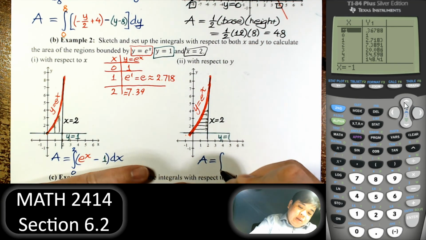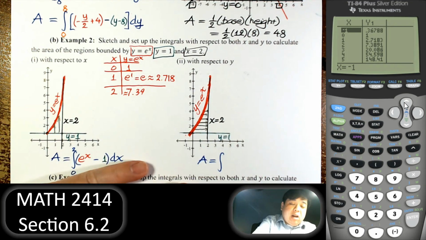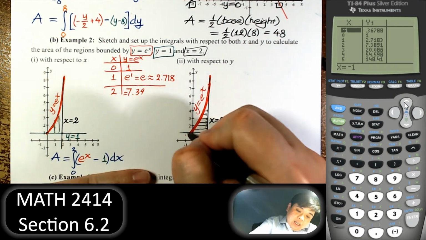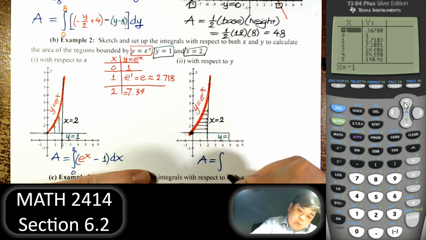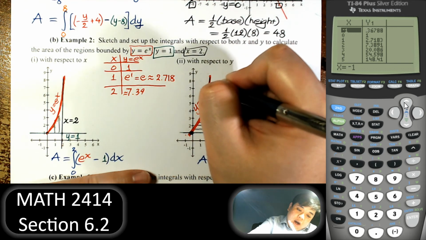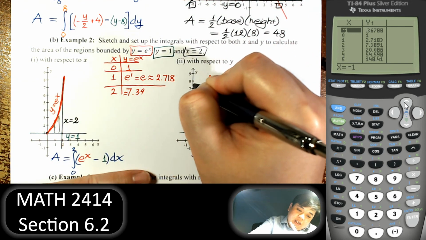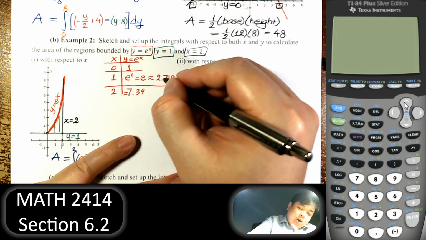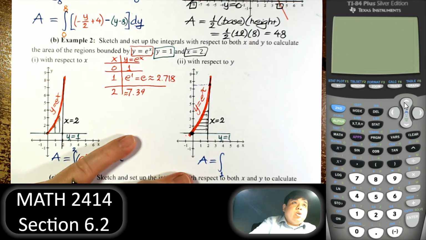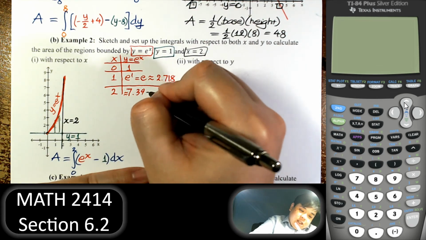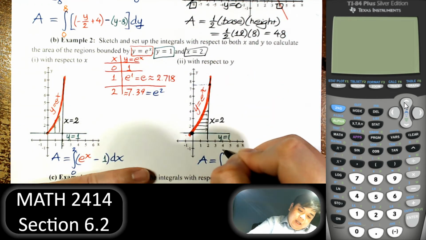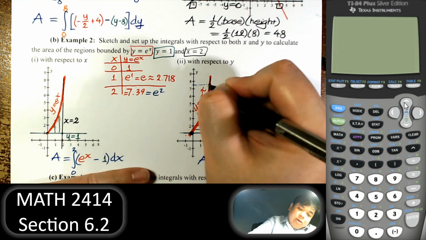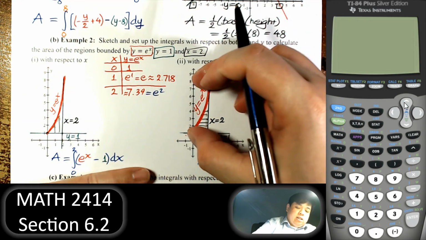But we do know the limit. We know the limit starts at whatever the value is here, which is 1, and goes up to whatever the value there is. We know that at this point when x equal to 2, y equals about 7.39.